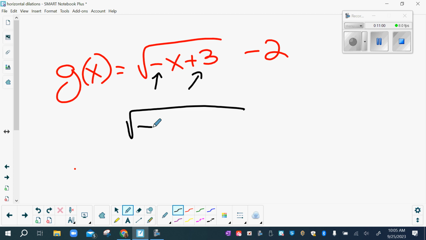The negative comes out. Is everybody cool with that? What happens when I take the negative from that x? What does it become? Positive. Awesome. And what happens when I take a negative out of a positive 3? What does it become? Negative. Did I lose anybody on that? And you're like, why do you do this?